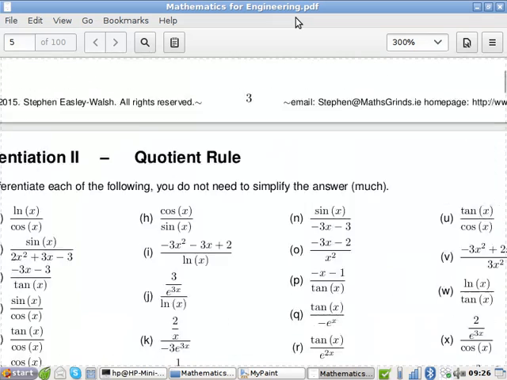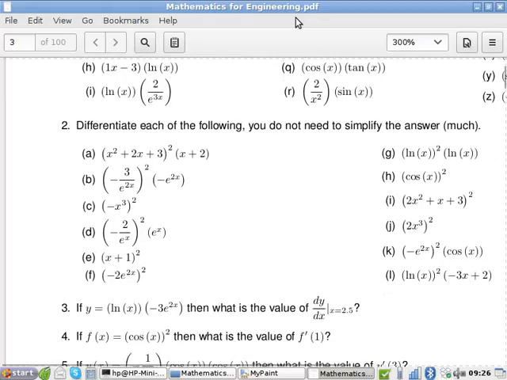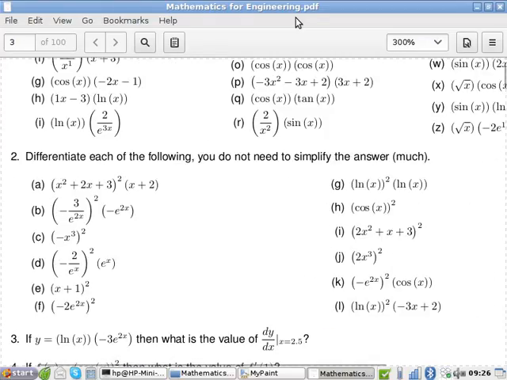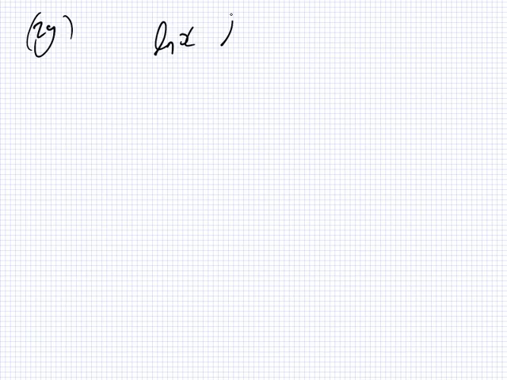Question 2G. My answers at the back are desperately needing simplification, but we'll see. 2G. Log x squared, log x, yeah. No, log x, log x, log x is the question, because it's log x squared by log x.